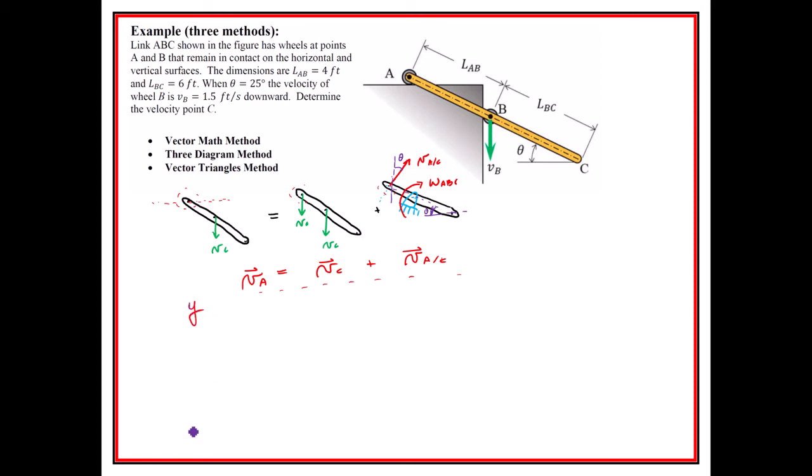So in the y direction, we break down from the diagram, right? So the diagram is the one we focus on. In the y direction, we know it's 0 here at point A, which is going to be equal to negative, and we were given that it's downwards at 1.5 right here.